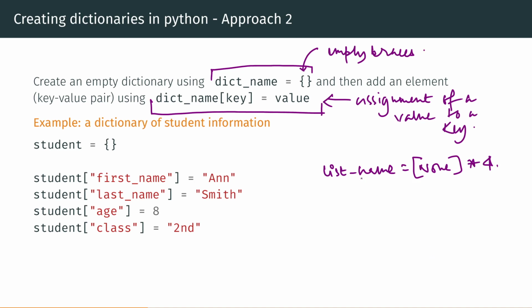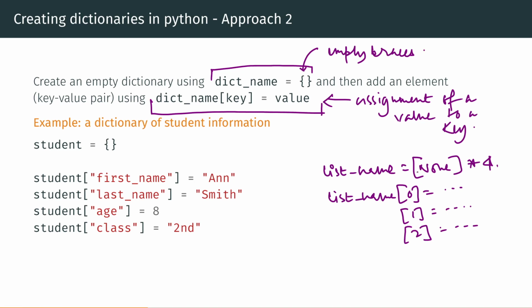Then you would say list name 0 equals something, list name 1 equals something, list name 2 equals something.